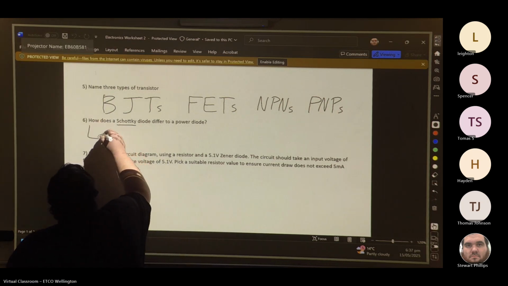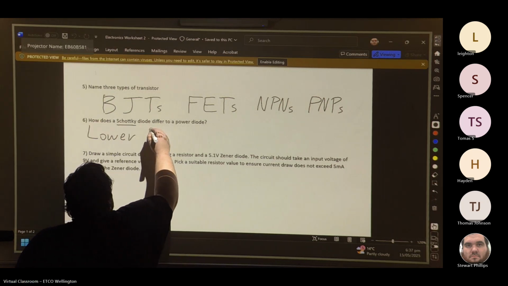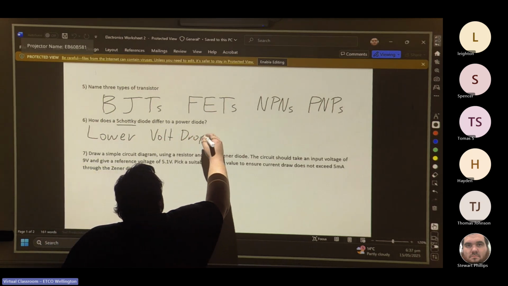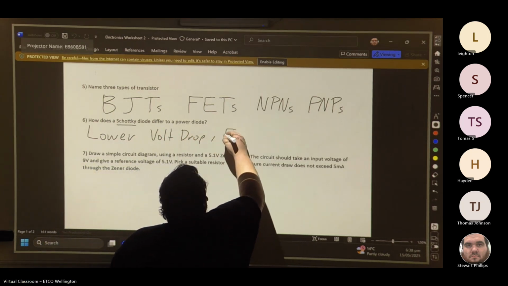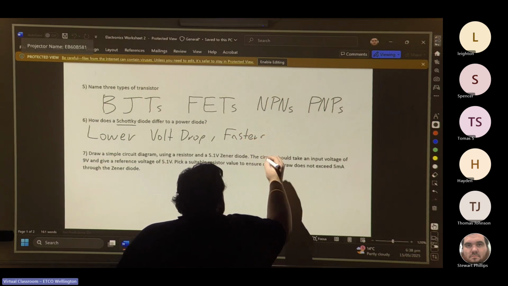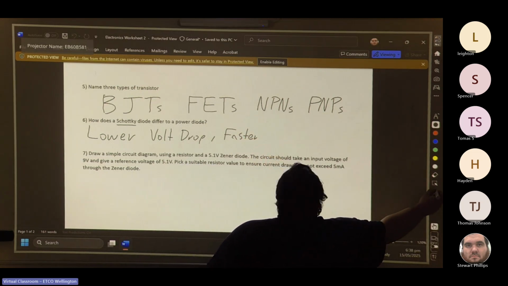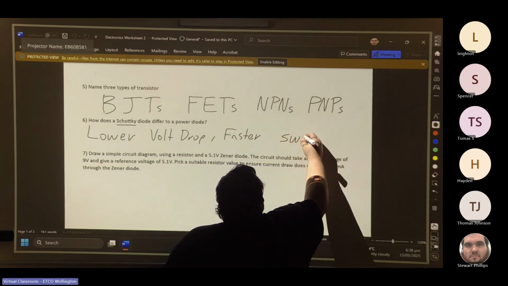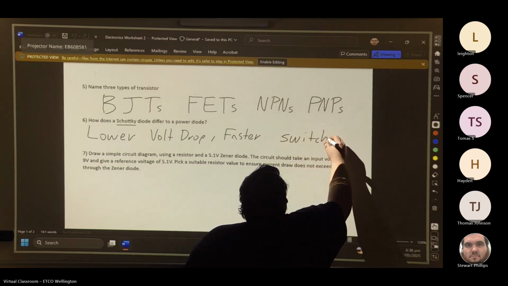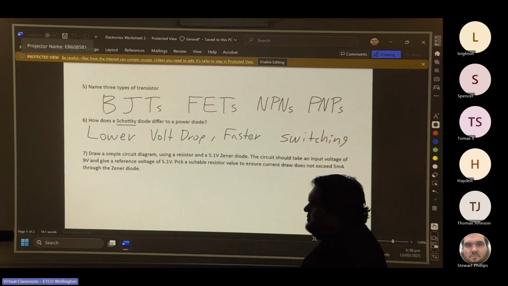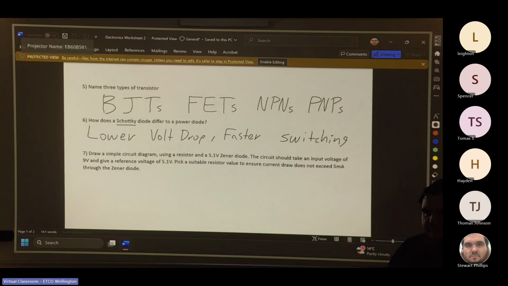So lower volt drop, faster switching. So they're very similar, but obviously power, yeah, fast switching.